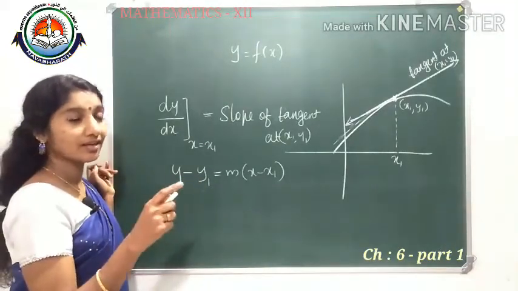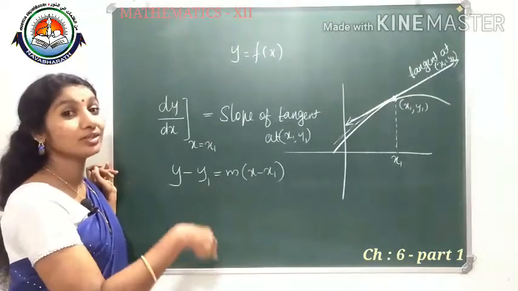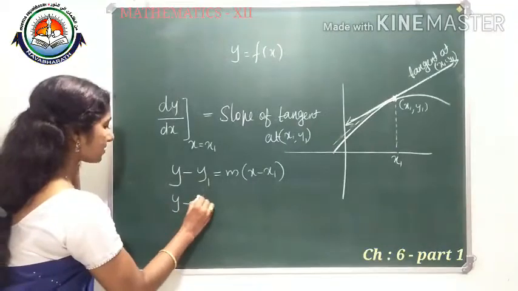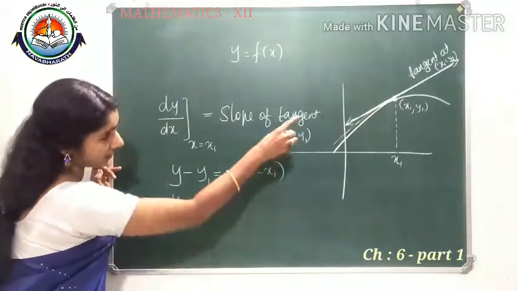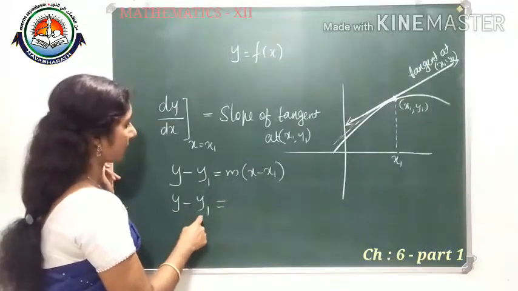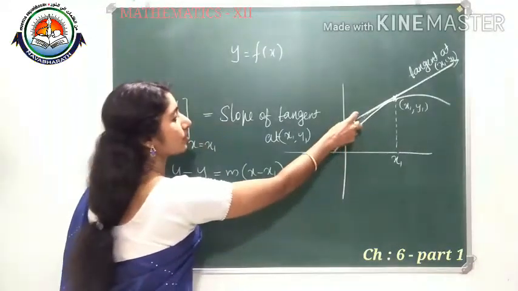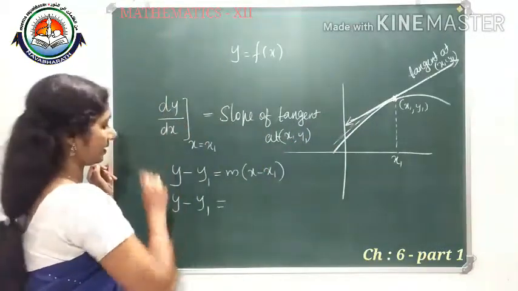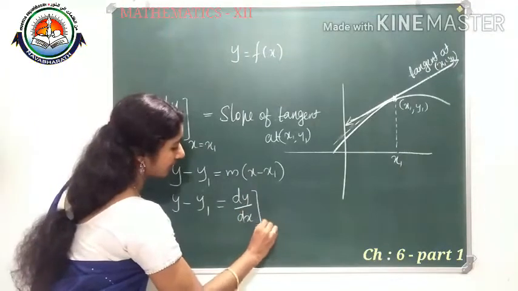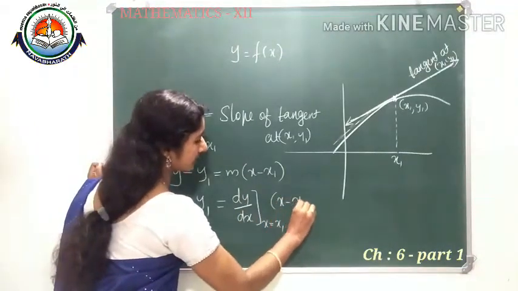Now we can write the equation of the tangent at x1, y1 because we know the slope of the tangent. So y minus y1, where x1, y1 is the point on the tangent, is equal to the slope of the straight line, which is dy by dx at x equal to x1, into x minus x1.